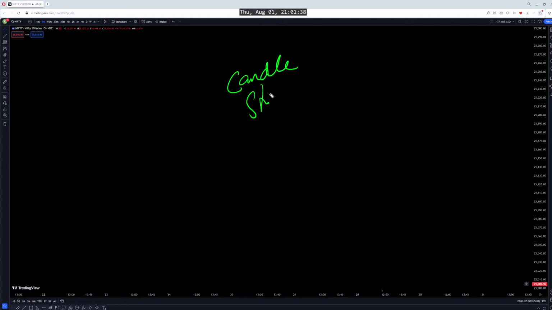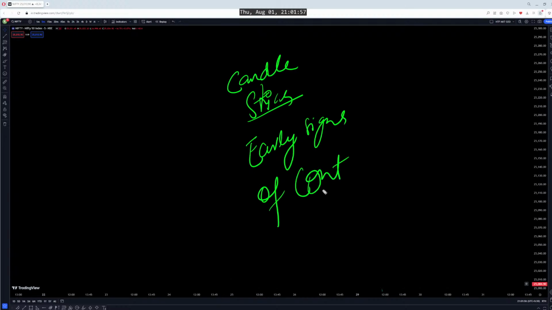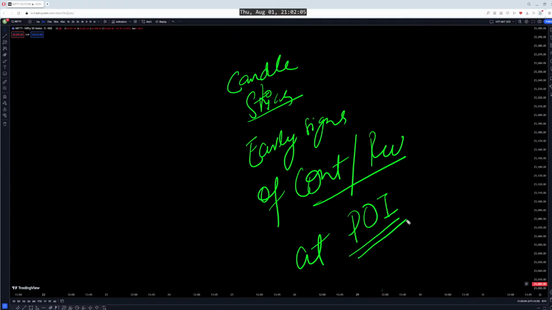Now, candlestick patterns can of course be of any time frame, but usually they will give you a helping hand to find out some early signs of either continuation, because that's the purpose, or reversal. And where? At a point of interest. जहाँ पे point of interest है, और point of interest कहाँ पे है?